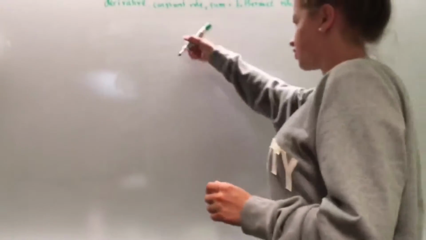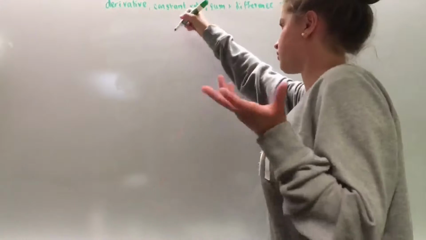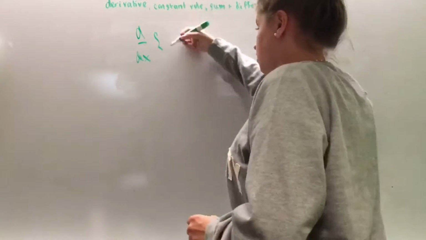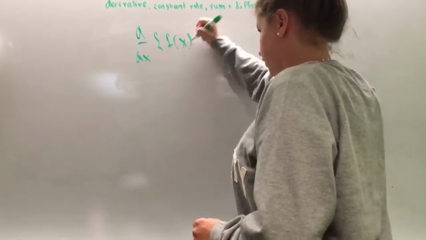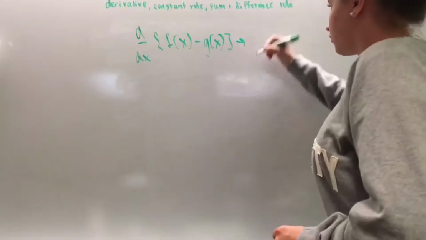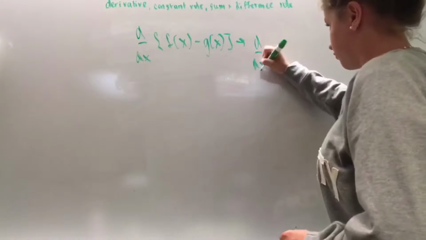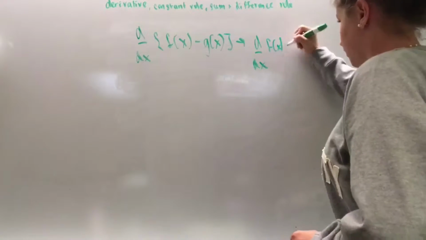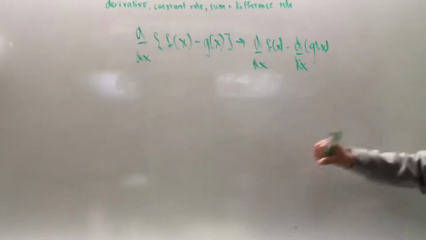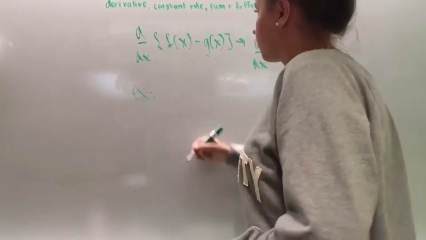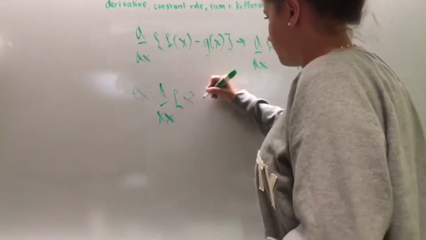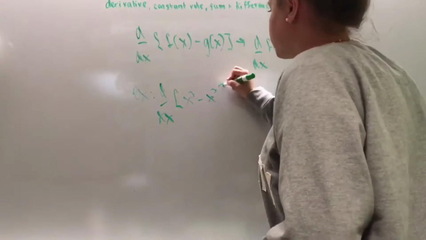The difference rule follows basically the same rules as the sum rule. When you're taking the derivative of f of x minus g of x, you take the derivative of each one separately: the derivative of f of x minus the derivative of g of x. An example is the derivative of x cubed minus x squared.